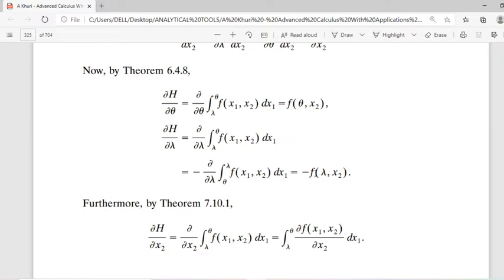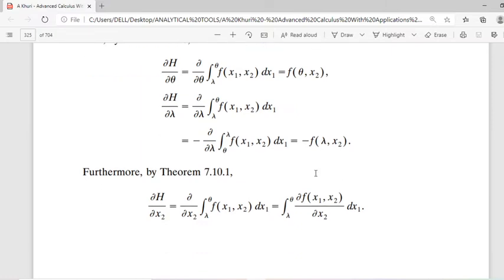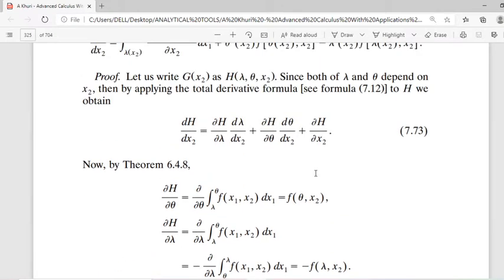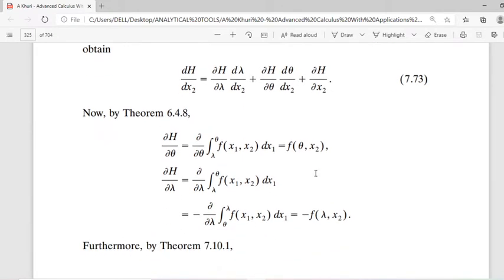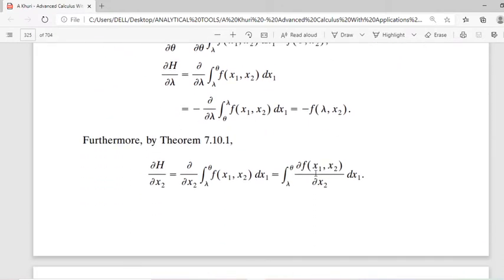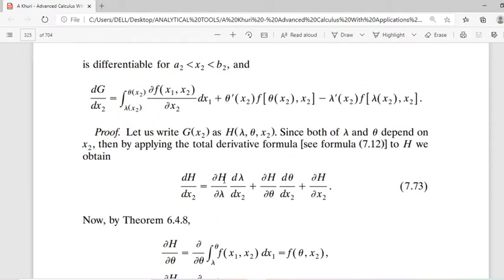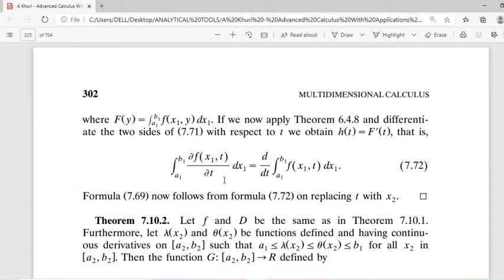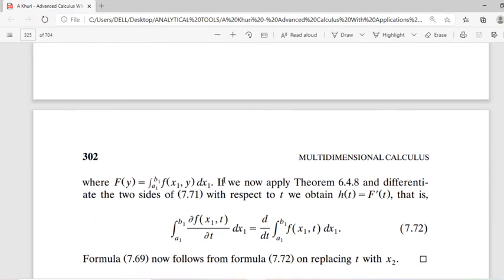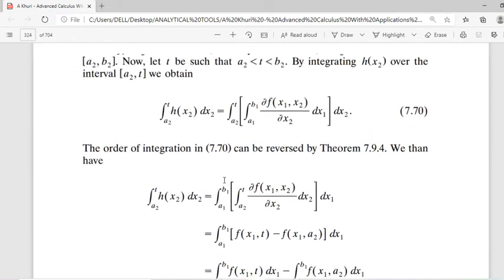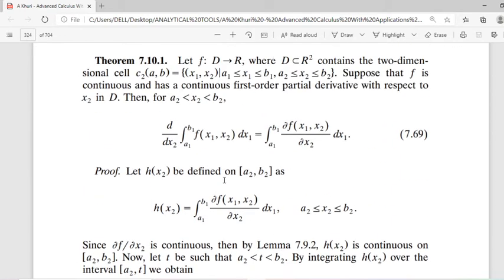Now for the third part of equation 7.7.3, we can find out dou h by dou x2. Dou h by dou x2 is equal to dou by dou x2 of this function, and we can apply interchange of integration and differentiation, because we have assumed that f is partially differentiable with respect to x2 in this theorem, and we are continuing this assumption for the present theorem.